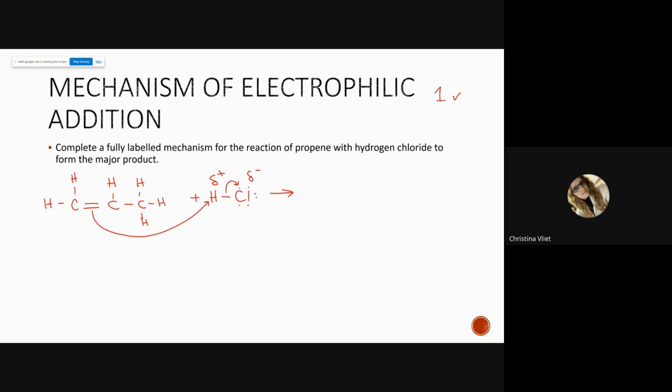Does the hydrogen go to the left or does it go to the right? It goes to the left. Why? Because the chlorine has to be closer to the So your choice is to make this positively charged or to make this. That's the real choice you have. You make this positively charged or this positively charged. Which carbon handles the positive charge better? The one with just on the end or the one in the middle?